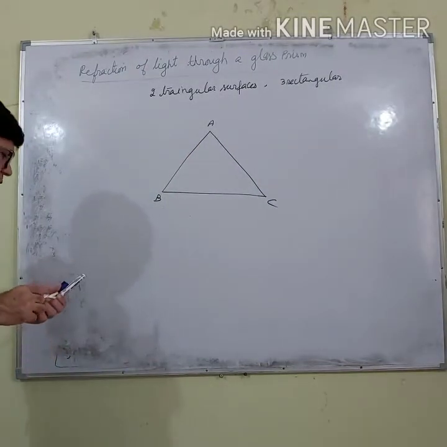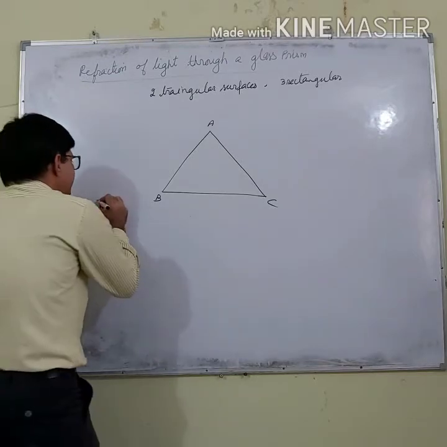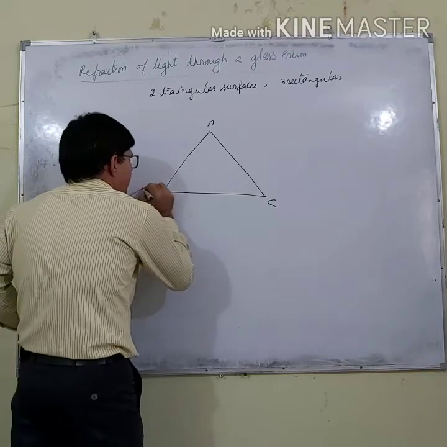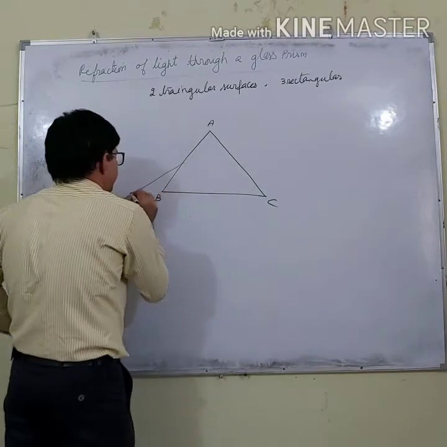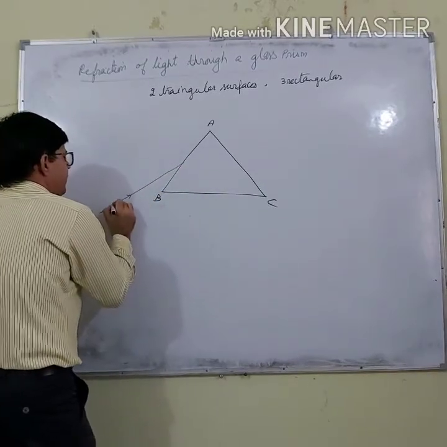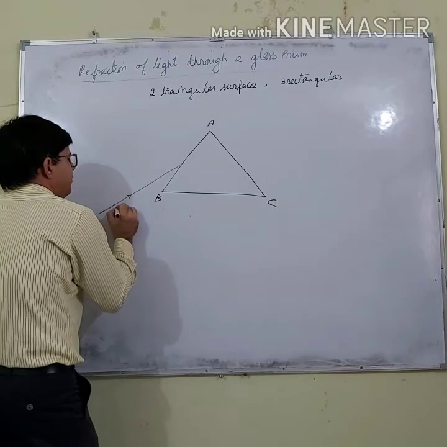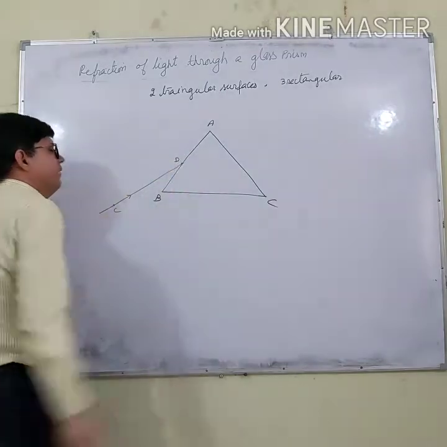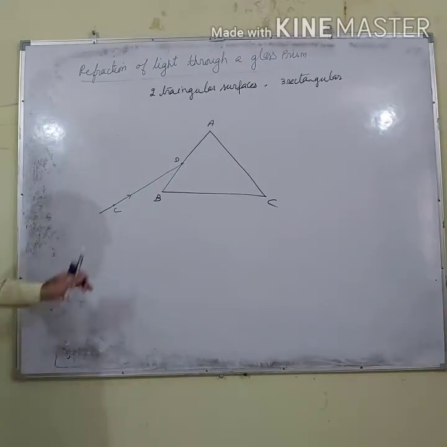So let me draw a ray of light. Let us say this is the ray of light, right? And let us say CD is the incident ray. Why incident ray?